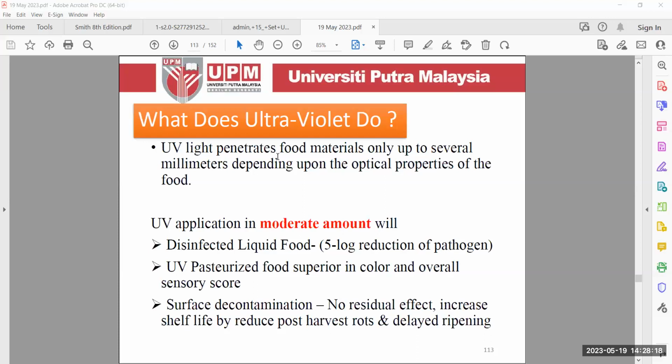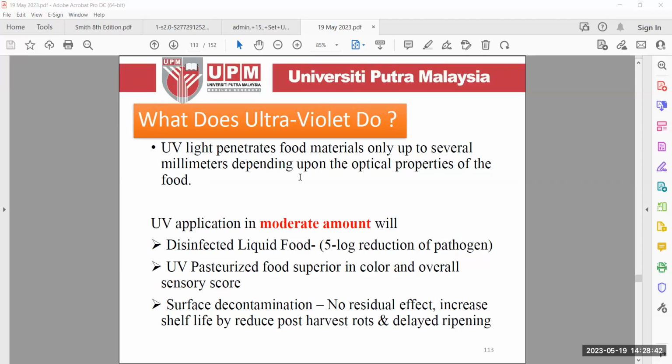It has a light that penetrates the food material up to several millimeters, depending on the optical properties of that food. Okay, so a moderate amount will disinfect your liquid food up to 5 log reduction of pathogens, and you minimize the changes in color and of course the overall sensory score.